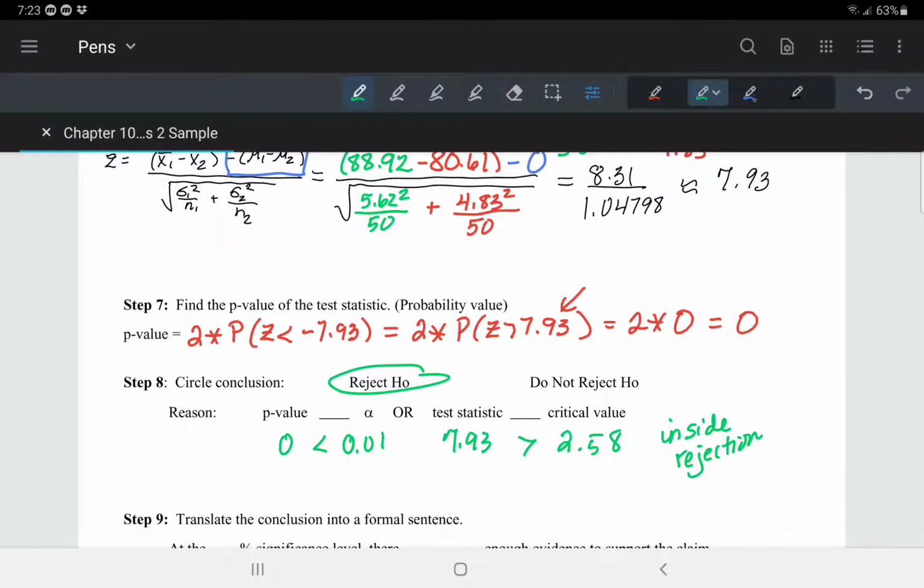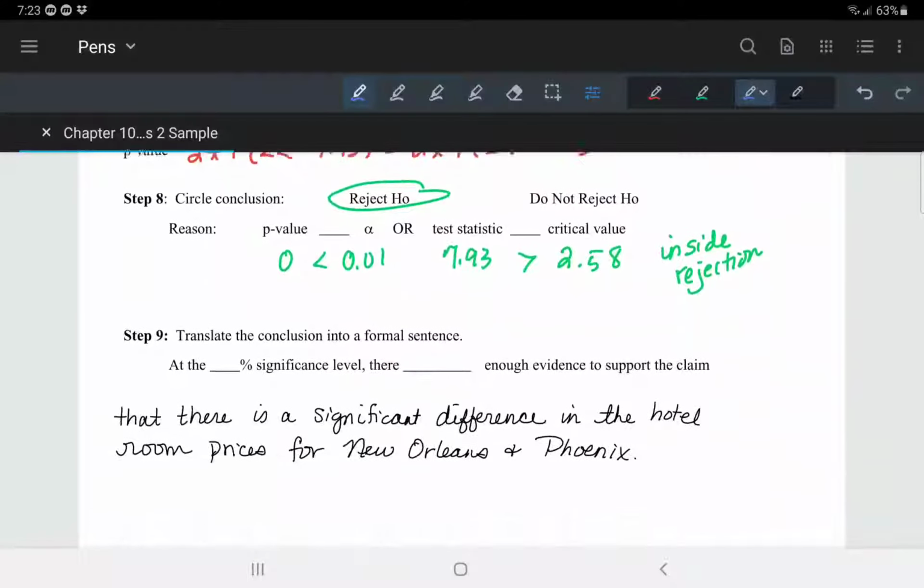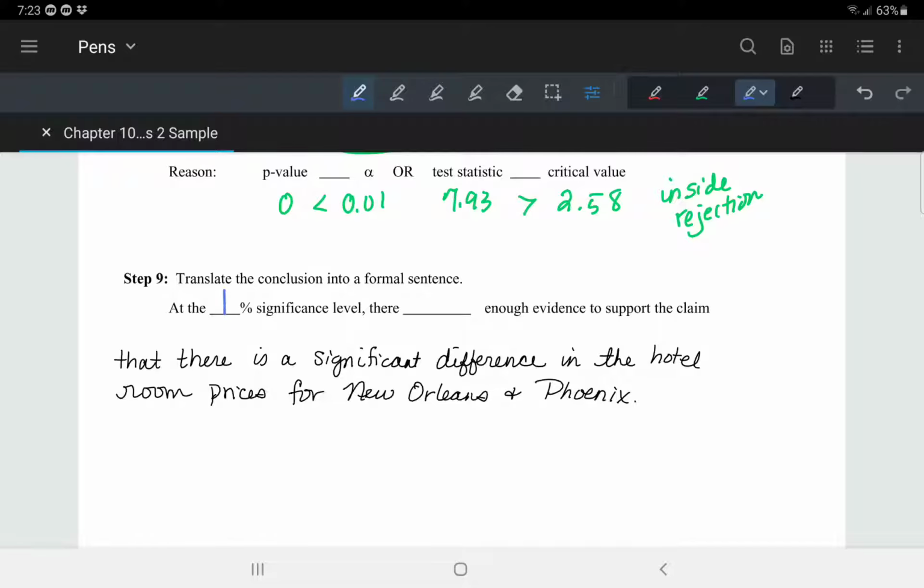And now that we've finished the test, we can translate our conclusion into a formal sentence. At the 1% significance level, there is enough evidence to support the claim that there is a significant difference in the hotel room prices for New Orleans and Phoenix.